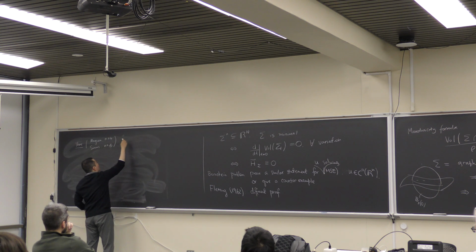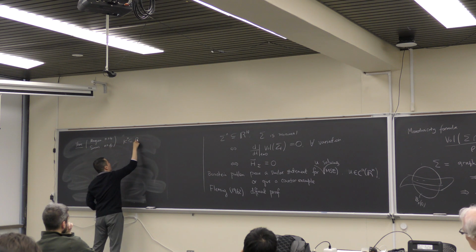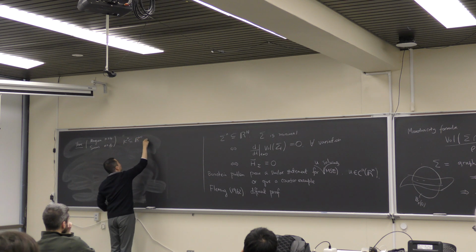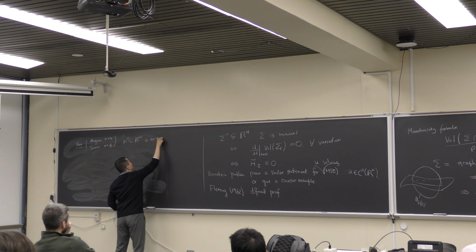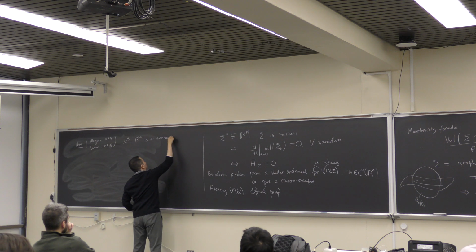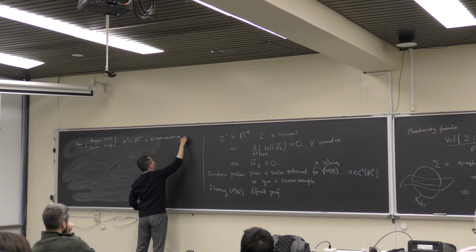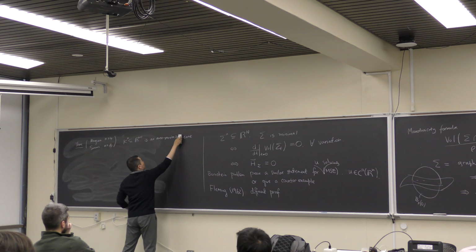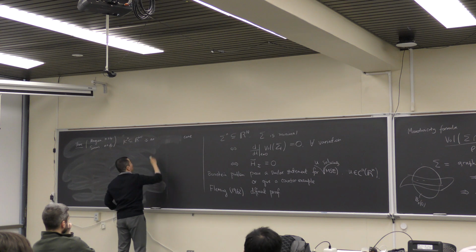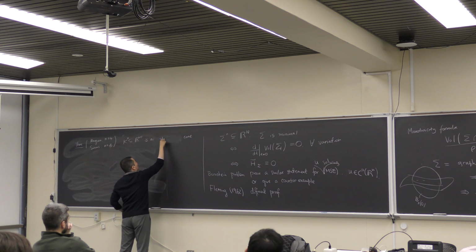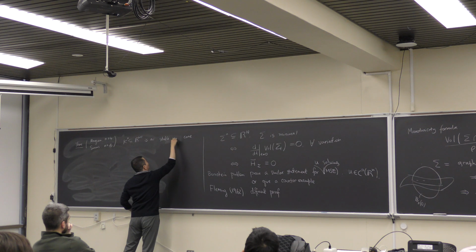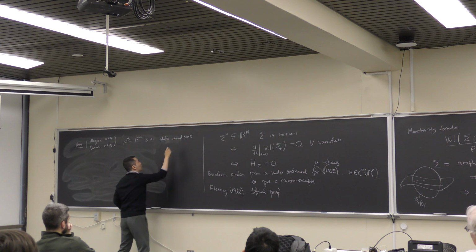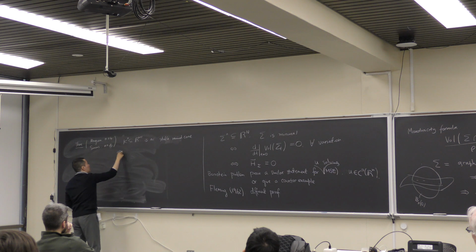So the conclusion is that suppose K inside R^{n+1} is an n-dimensional minimizing cone. Well, actually, their proofs both work for the notion of stable minimal cone. I'll explain this word in a minute. Then K is flat.